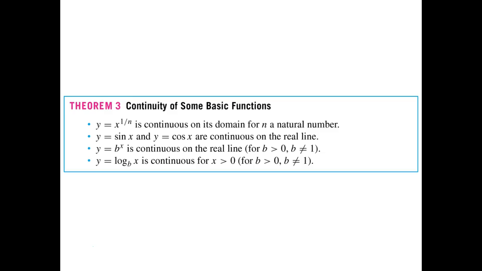B is always positive, by the way. Never negative, never 0. And basically that's what your exponential function looks like. Continuous all over the number line.